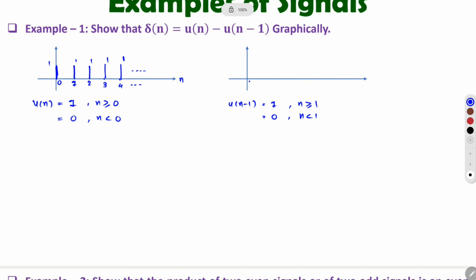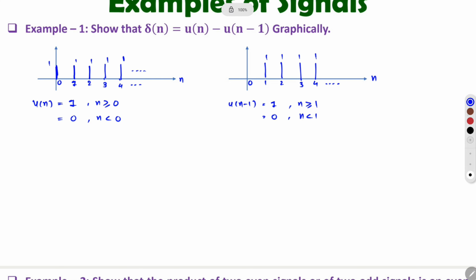So at n equals 0, it will have 0. And for n equal to 1, 2, 3, 4 and so on, it has impulses with value 1.